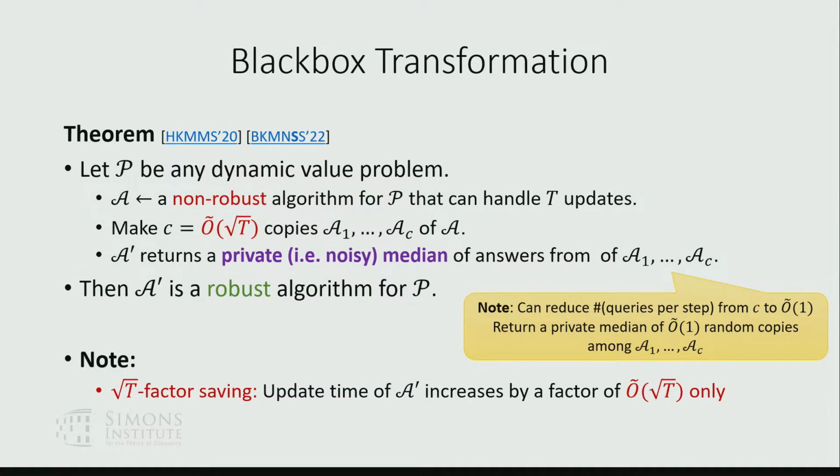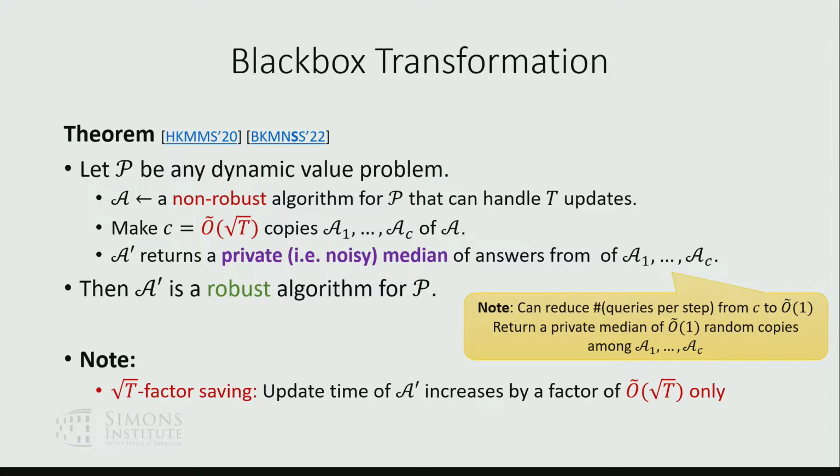Is square root T good enough in various things? Because that's typically quite big, no? Yeah, it's quite big. So the question is whether square root T is good enough for applications to get anything useful at all. The answer is yes.